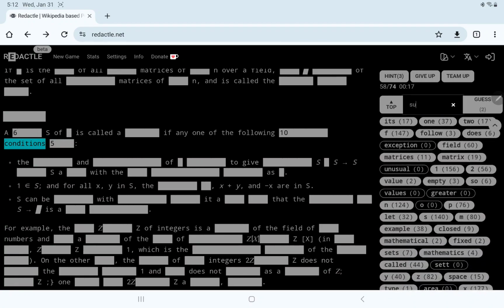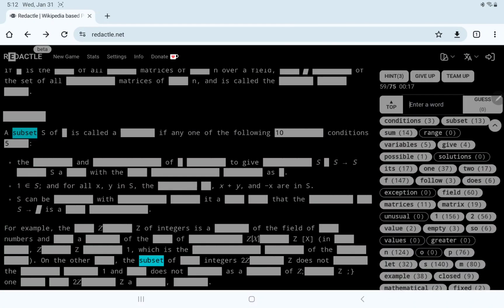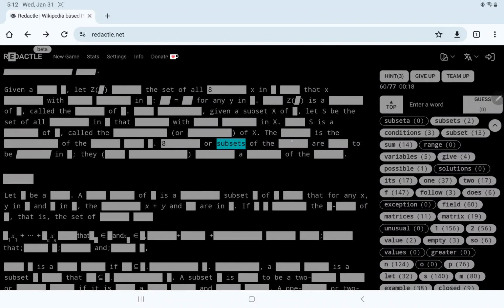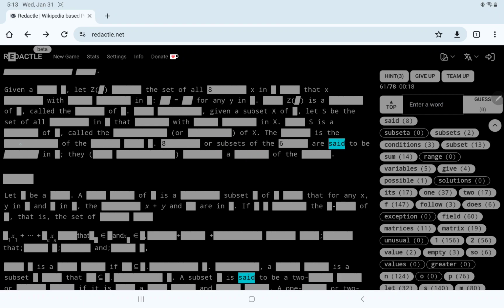Have I done subset? No, let's do that in subsets. Mistyped it and then mistyped it again. Subsets of the... are said to be something in some other letter we haven't tried yet.